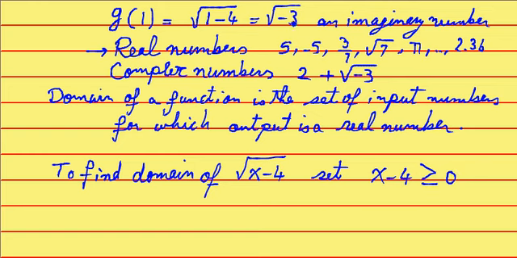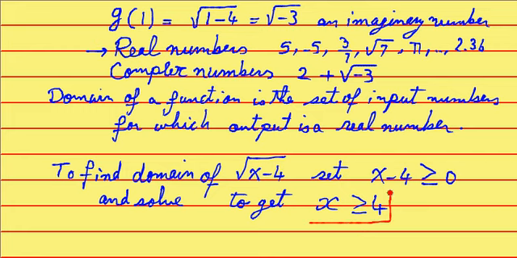Keep it away from becoming negative, and solve. Here is quite easy how to solve. You just move the 4 to the other side to get x larger than or equal to 4. So that would be our answer. That is what the domain is.